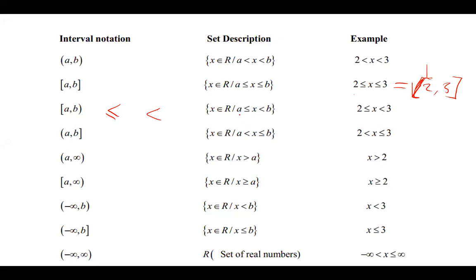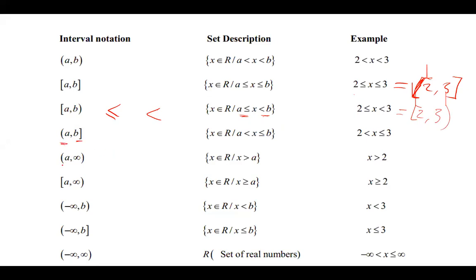So this is what has been shown there. This is an example, which can also be written as 2, comma 3, open at 3. So in this one, B is part of the set, A is not part of the set.